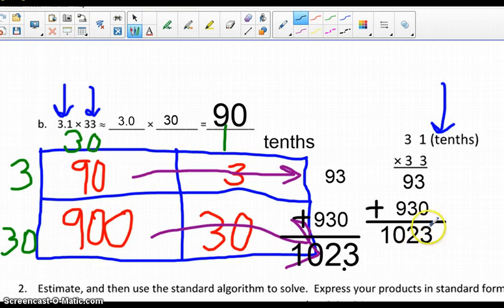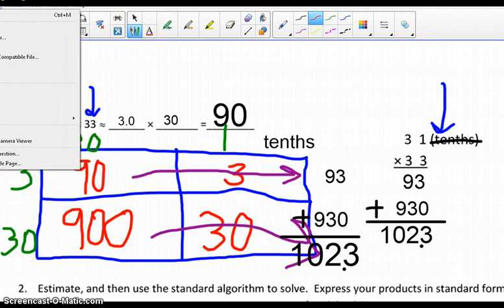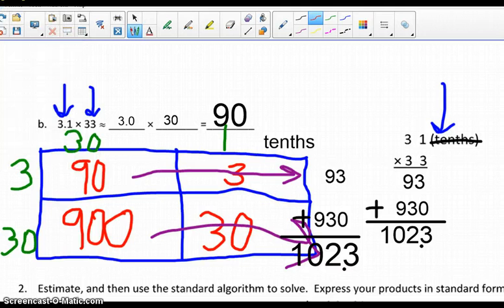Let me add my decimal in. Now if I want to get rid of tenths, I just move the decimal over. That's where it would come from. And then our decimal would be that, 102.3. So I like to do, let's insert, hold on while I find the arrow.